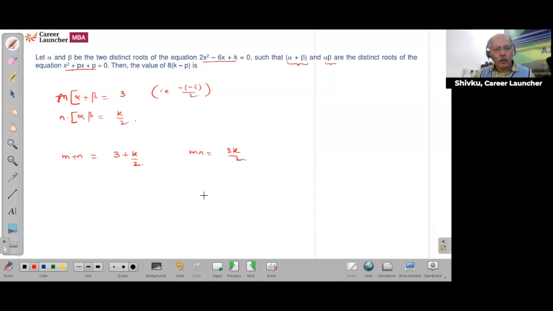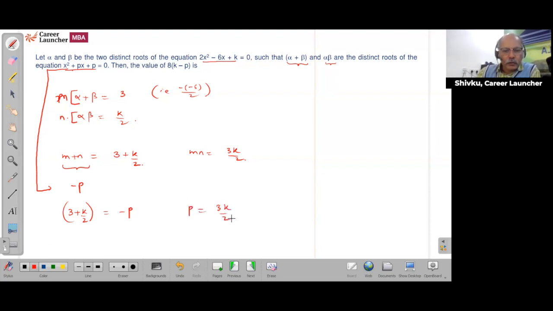So what is it that we have? From this equation, m plus n must be equal to minus p, right? So 3 plus k by 2 is equal to minus p, and mn must be equal to p. P is equal to 3k by 2.